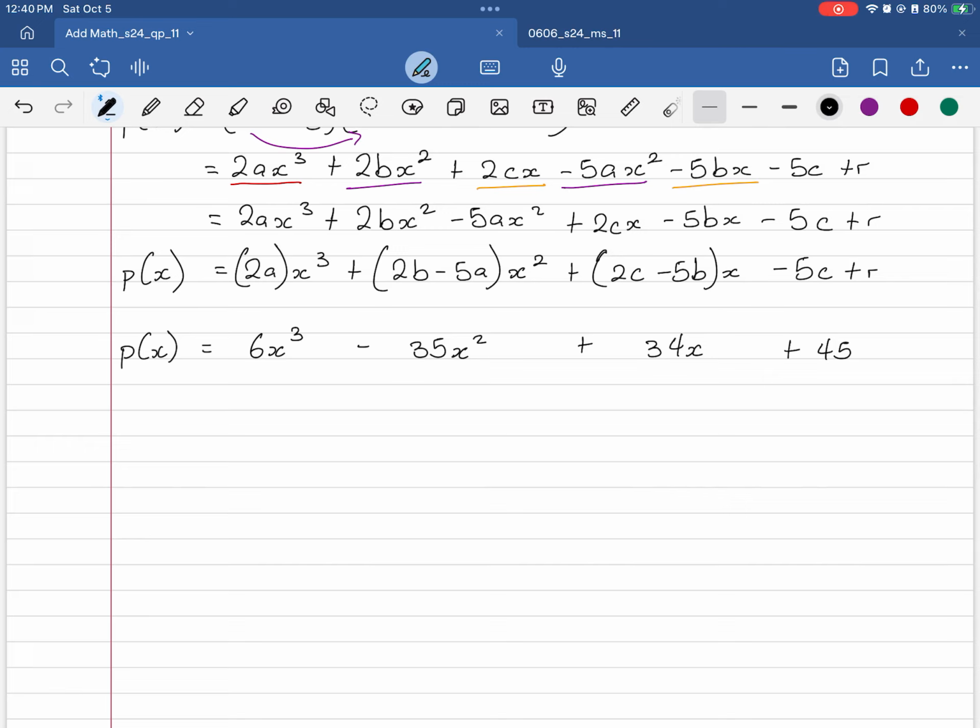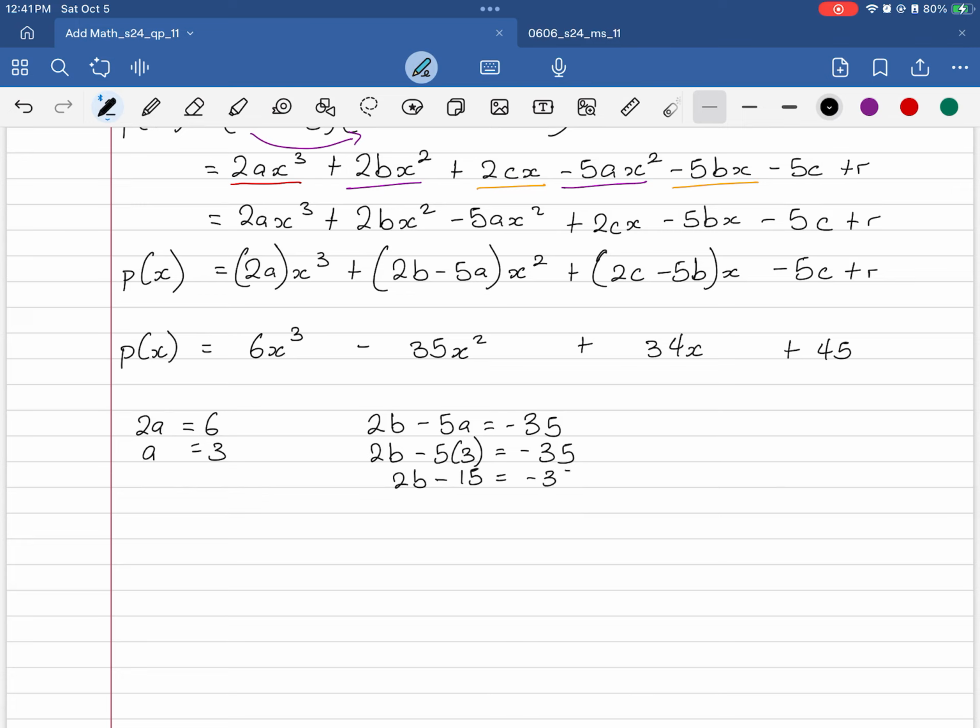So I have that 2a has to be equal to 6, because I'm comparing the coefficients. 2a is equal to 6, so a is 3. And this coefficient, I have 2b minus 5a equals, don't forget your minus here, minus 35. Now we already have that a is 3, so 2b minus 5 times 3 equals minus 35. 2b minus 15 equals minus 35.